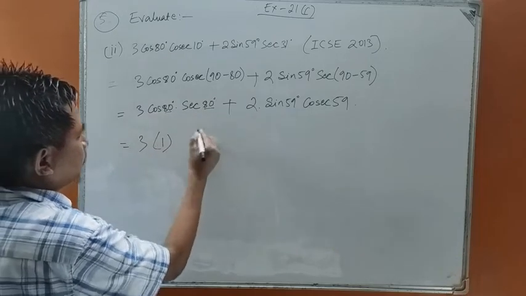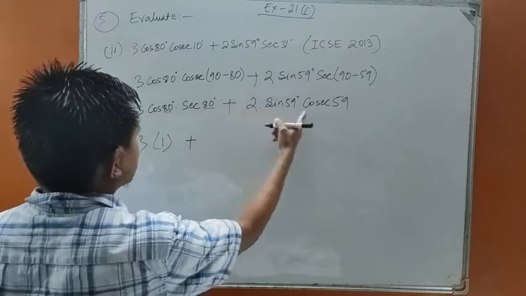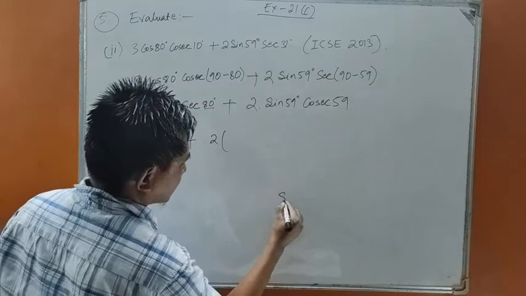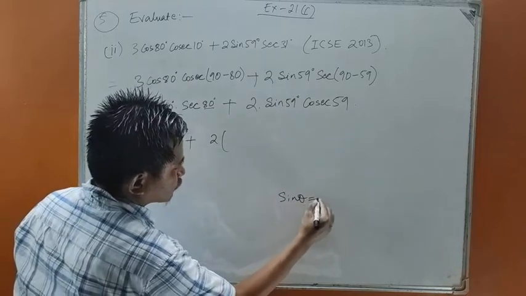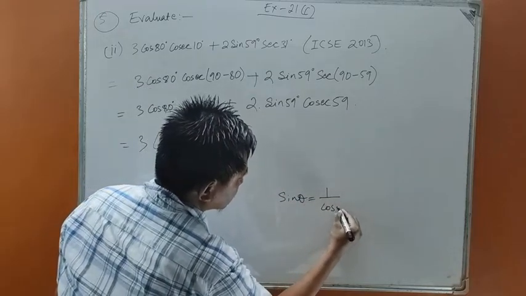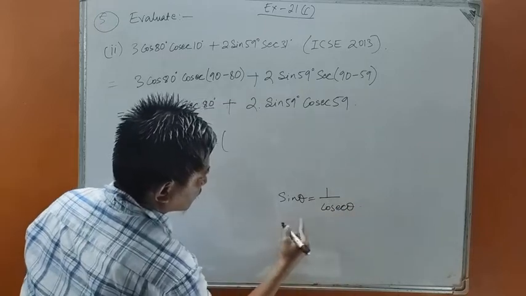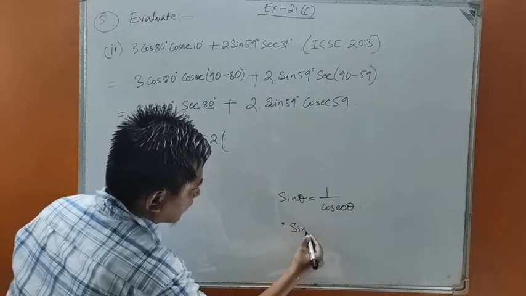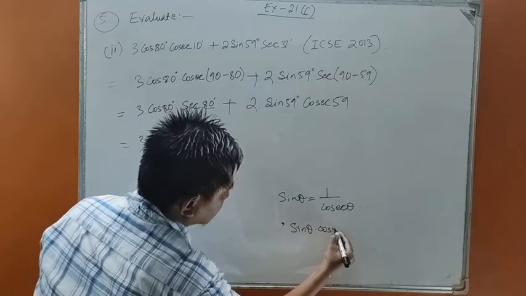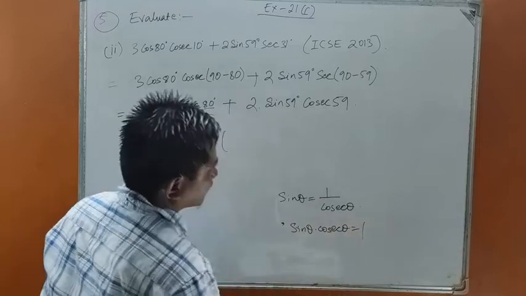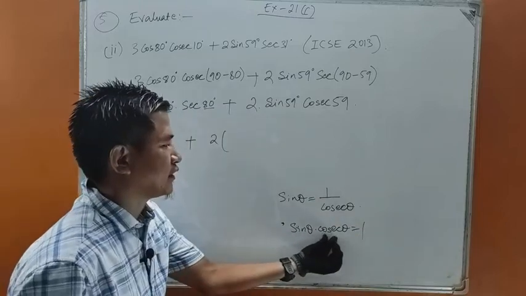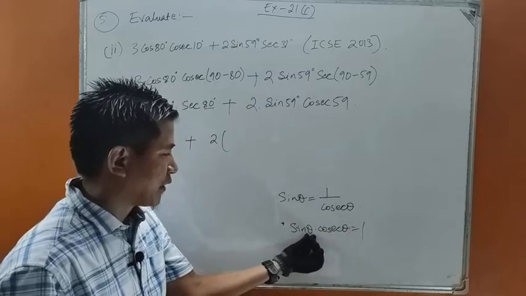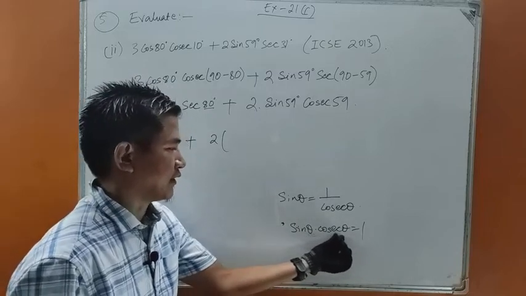So this is 1. A similar principle applies here also: sin theta equals 1 upon cosec theta, so by cross multiplication sin theta into cosec theta gives us 1. But we must keep in mind that the angles should be the same, theta and theta.